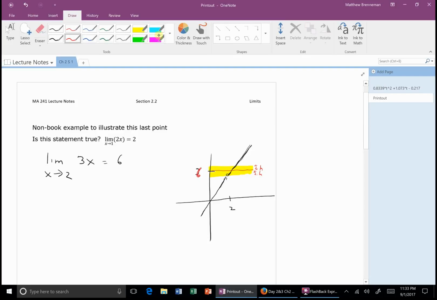And what I have to come up with is some little band around 2. I'm going to call the width of this band, we'll just make up something, we'll just call it m.